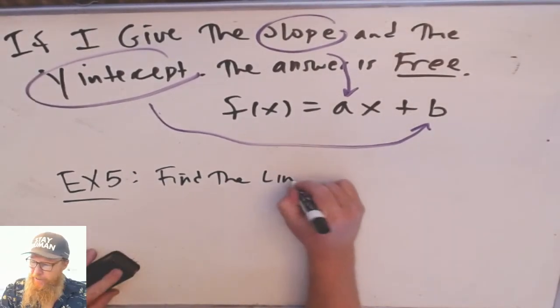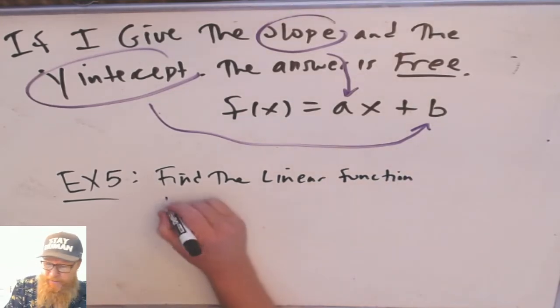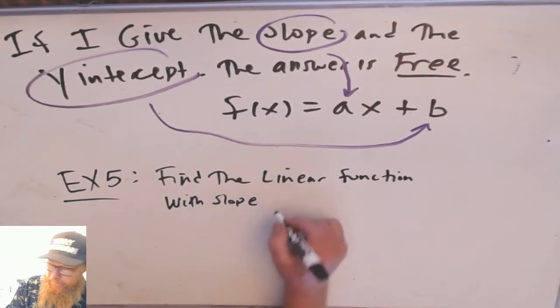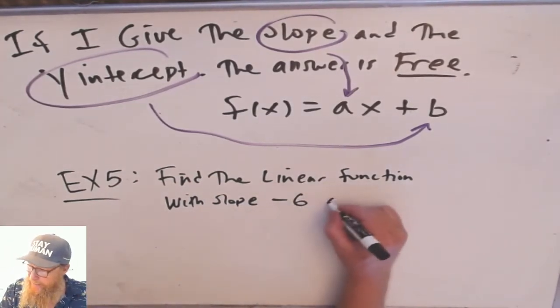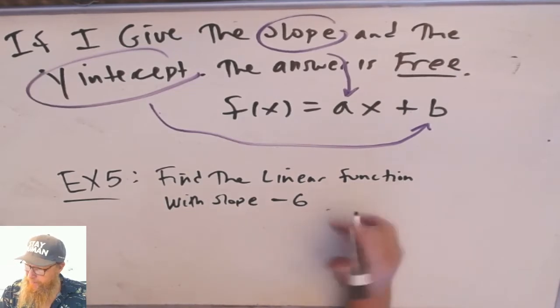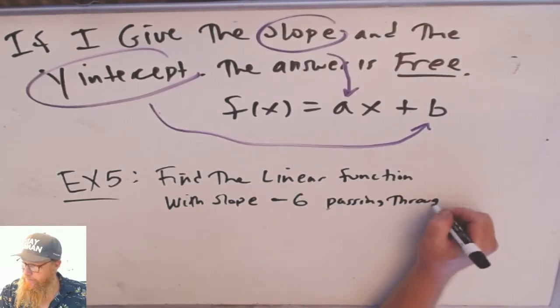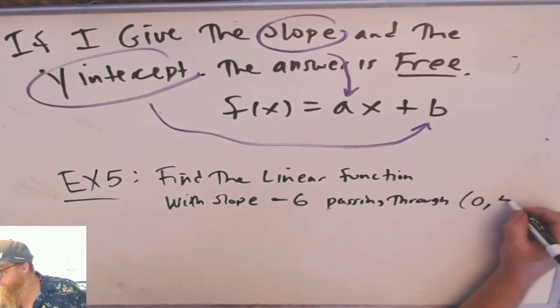Find the linear function with slope -6, passing through 0, 4.